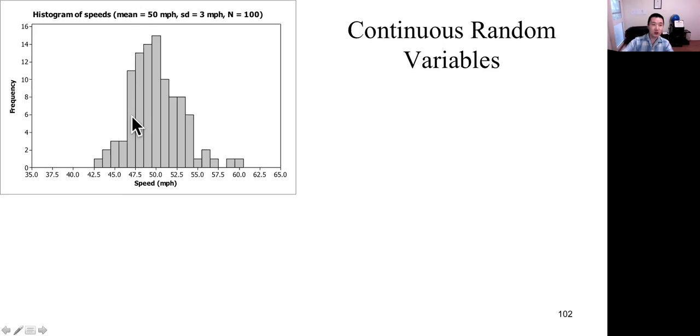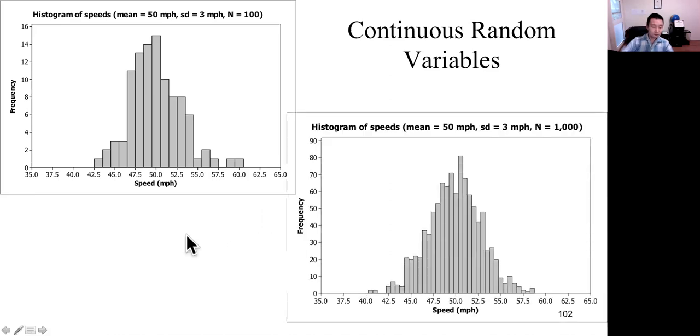The frequency shows, for example, around 50 miles per hour the frequency is around 15. So 15 cars have a speed of 50 miles per hour within that range. If we increase the size of the sample to 1,000, then the width of the rectangle becomes smaller.